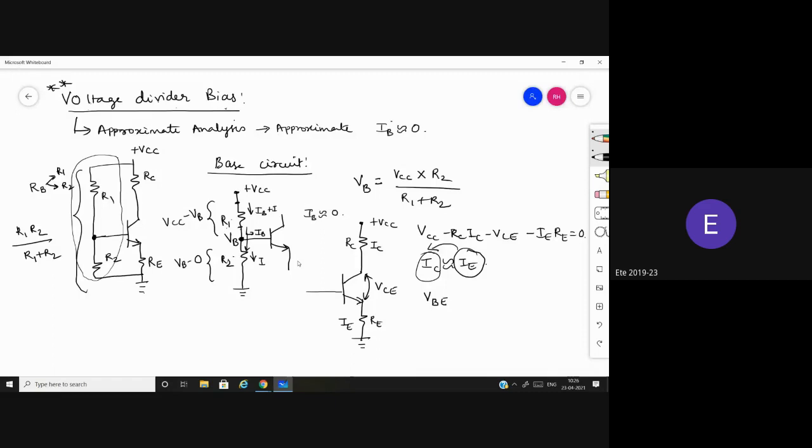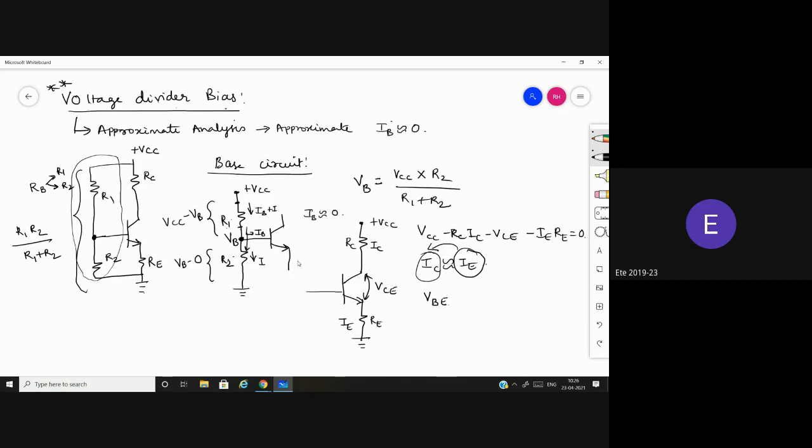VBE is the base to emitter voltage drop. What is the VBE value usually? For a silicon transistor, what is VBE? For a germanium transistor, what is VBE? 0.7 or 0.3, sir. Yes. I have repeated this several times in the beginning of the class.